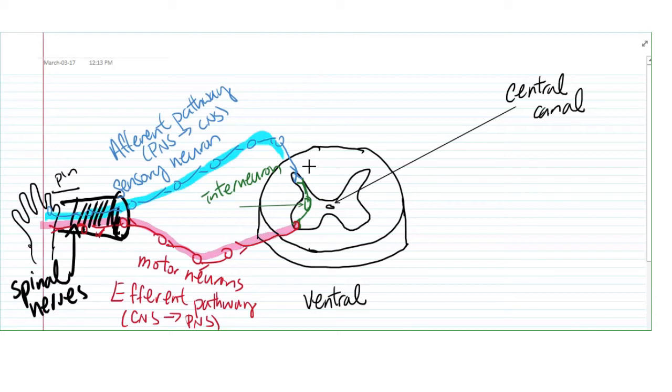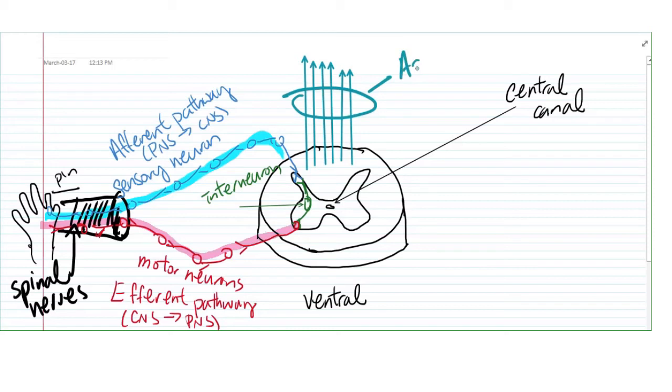Located at the back of the spinal cord are bundles of axons that will take the information up towards your brain. Together, we call these ascending tracks. So that information that you just poked yourself with a pin is going to be taken up to the brain. But at the same time, I should say, the signal is already going out of the motor neuron.